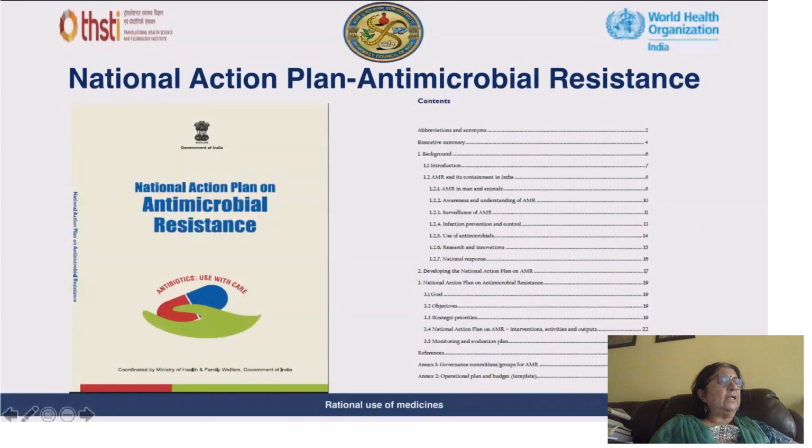The National Action Plan for Antimicrobial Resistance is launched as one of the activities, and it contains a number of programs that are in progress, including development of a national action plan for antimicrobial resistance specifically, and so on.